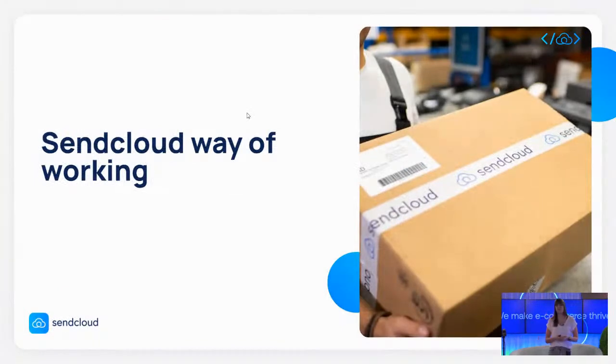But before we dive into that, I'd like to go through a little bit of the SendCloud way of working. I already mentioned I'm part of the efficiency domain. Within SendCloud, we have split the product into multiple domains, each domain focusing on one particular part of the platform and one part of the user experience.